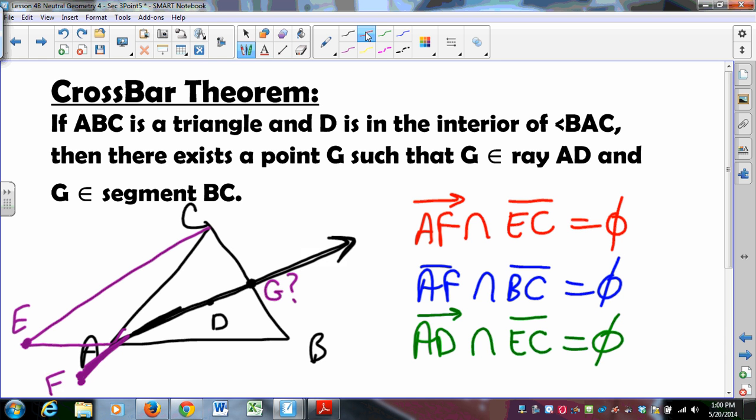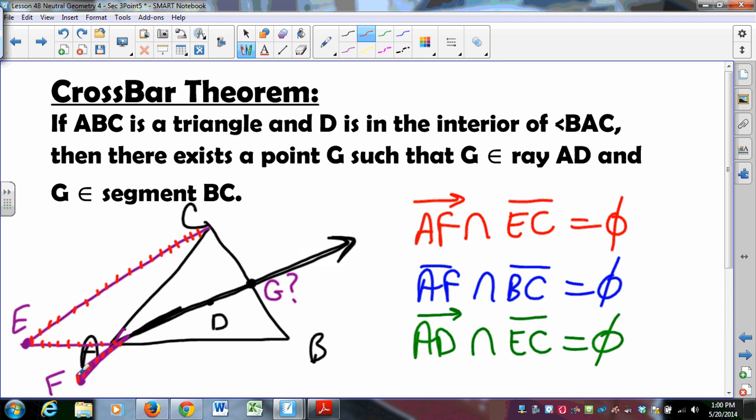And the way to show that AF and EC never intersect, I'm imagining, is going to come from this. Oh, look, it's a Z. So why does this work? A is between F and D. By construction, A is between F and D. So F and D lie on opposite sides of EB.